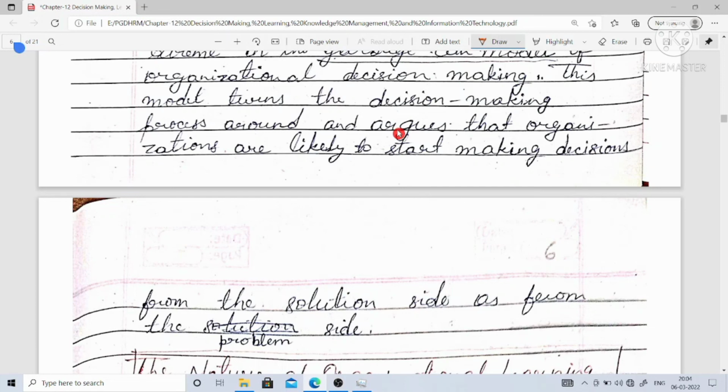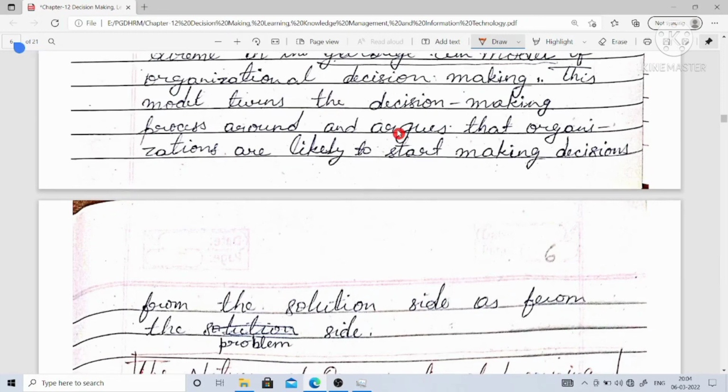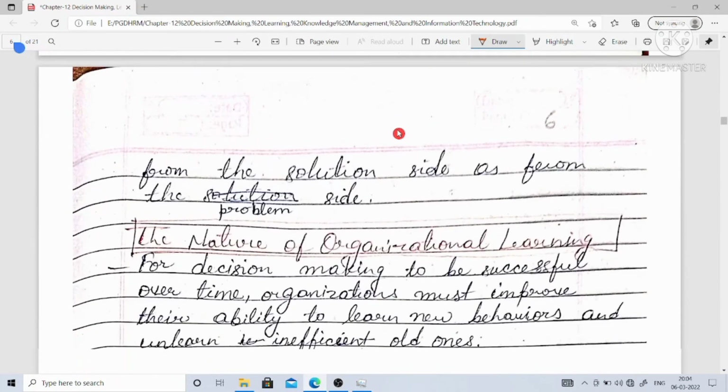There is nothing fixed in this process and no defined path the decision making will go through. So it may start anywhere and it may end anywhere. So that is the garbage can model.